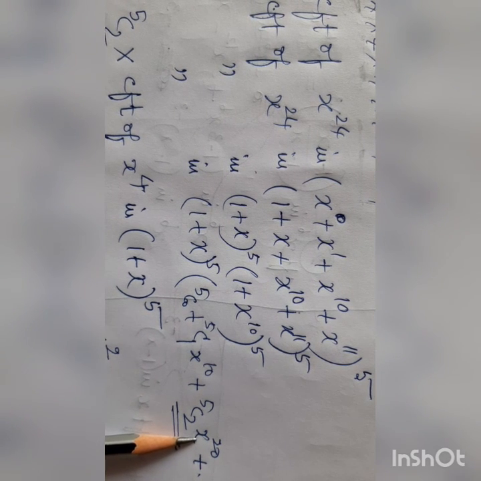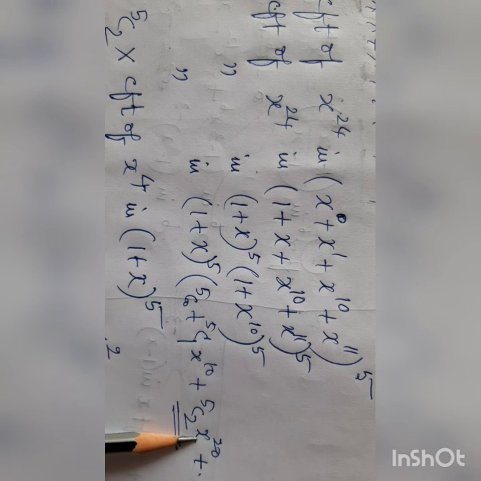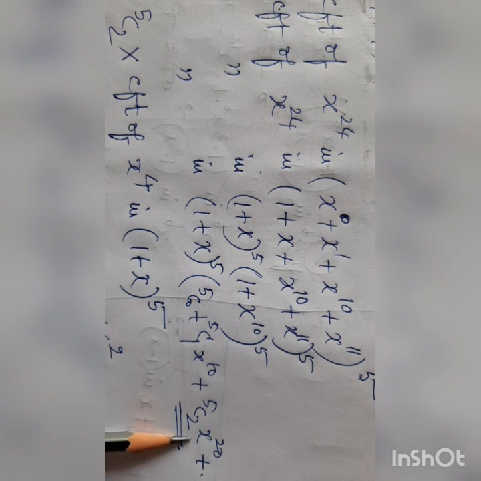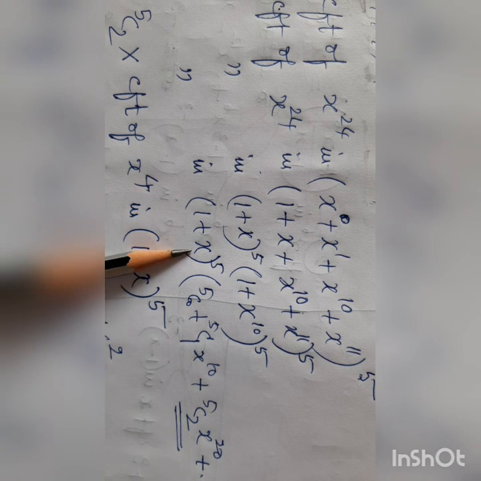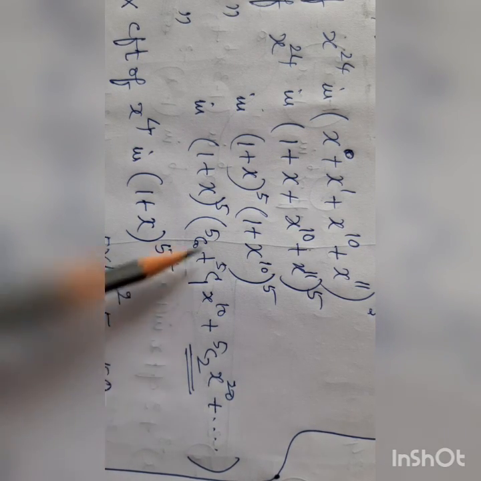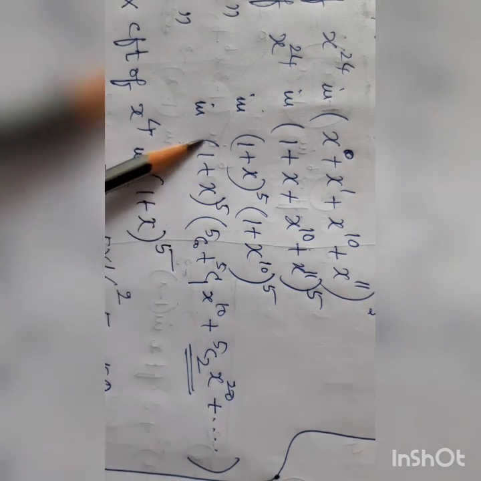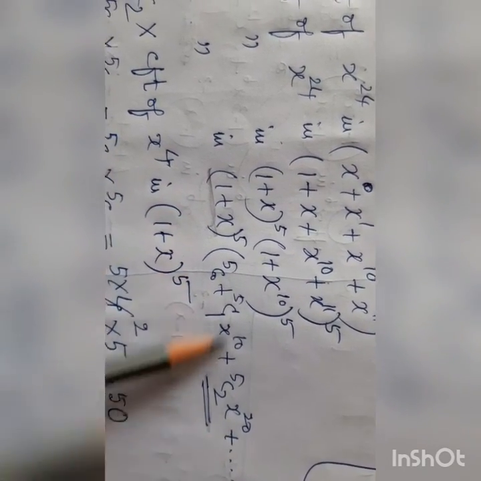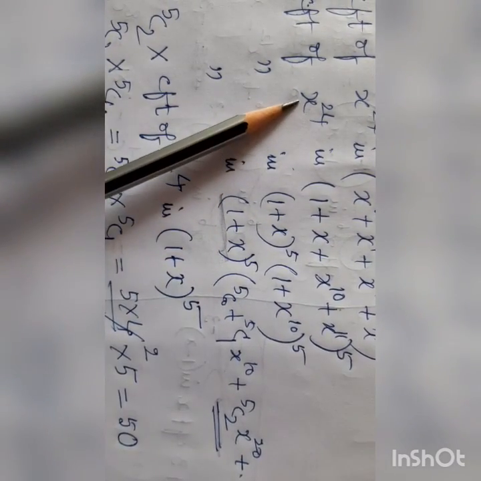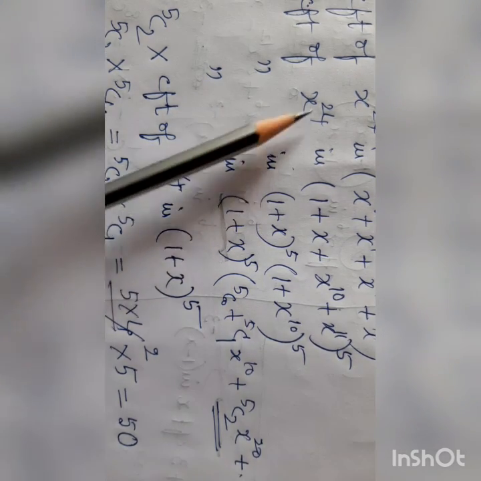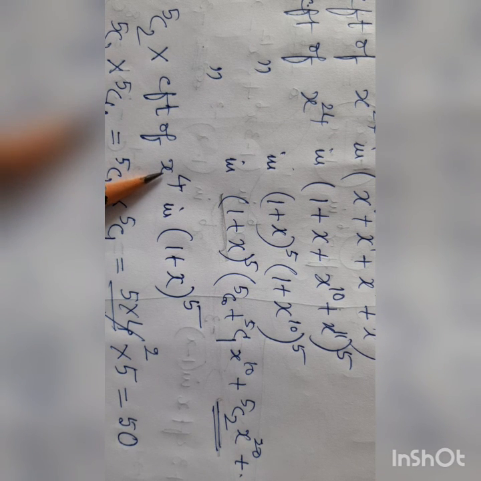Because x power 20 is there. 5C2 x power 20 into 1 plus x whole power 5. I have taken this one, and this one. If you take this one, x power 20 came. So if x power 20 has come, what is the coefficient of x power 24? Before this I told, x power 20 comes and x power 4 only. You have to subtract it.